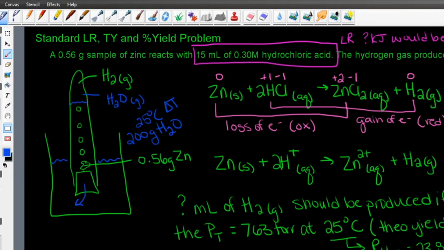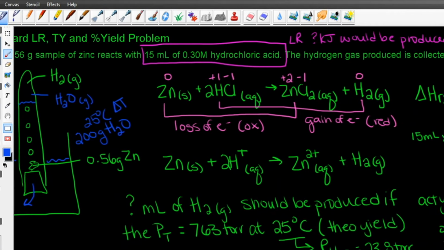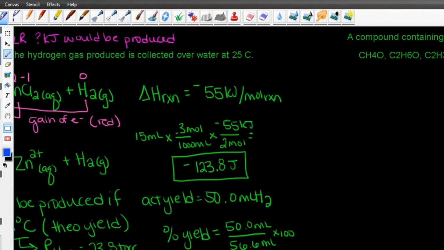Ooh, fun, fun, fun. Let's bring in some thermo. Okay, this is impossible because I have so much more screen that I'm seeing than you guys are seeing. I'm going to have to squish this in really tiny over here. All right, so if I'm getting this much heat released by my reaction, that's how much heat is being absorbed by my water.